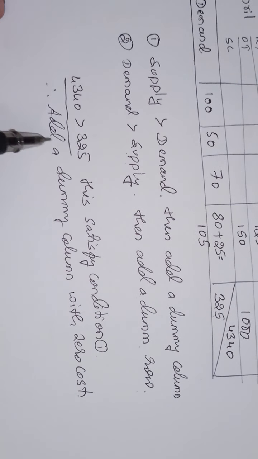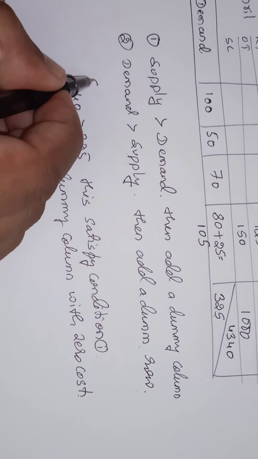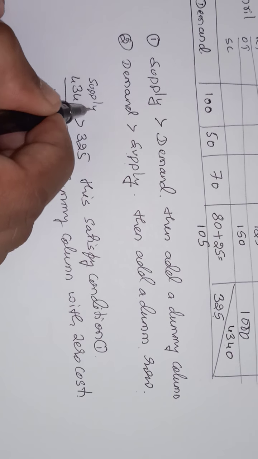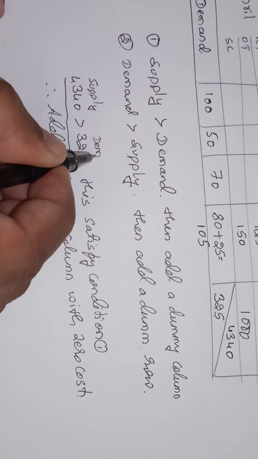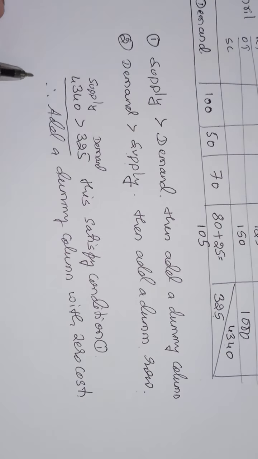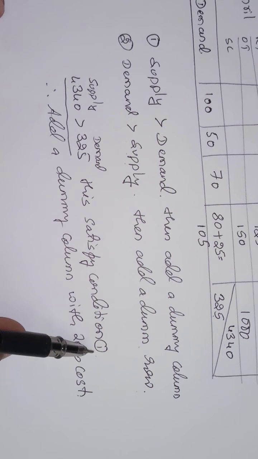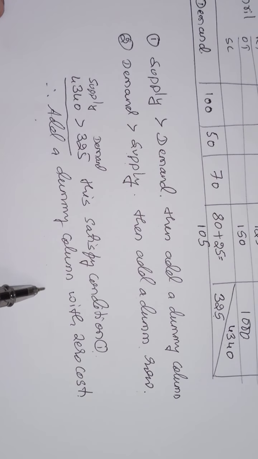For our problem here, this is the supply and this is the demand for this particular problem. So supply is greater than demand, which satisfies condition 1. So we should add a dummy column, right?